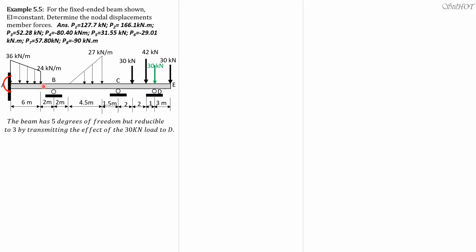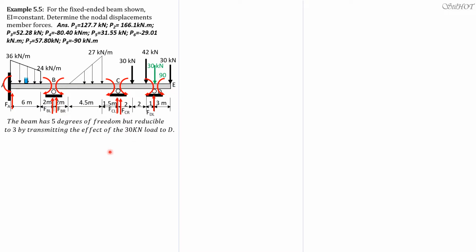So these are the moment effects of the loads, fixed moments, and forces, reactions. We remember that each node is considered fixed, although it's not here, it's continuous. So remember the principle of fixed moments. So we have counterclockwise moment at DE of 30 times 3, so 90.